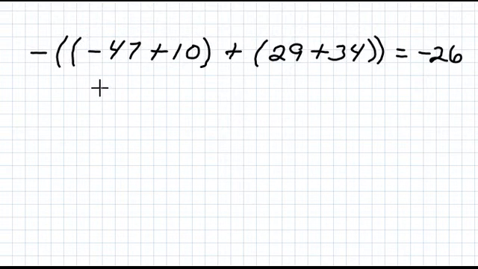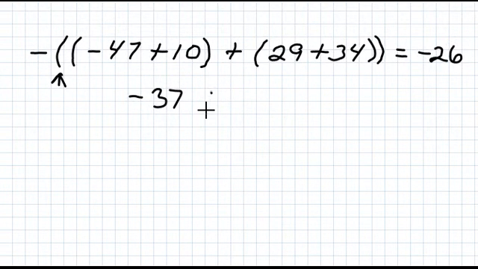Okay, so looking at this one here quickly. Looking at our parentheses, the whole thing is in parentheses, it looks like. So we get negative 47 plus 10 is a negative 37. Alright, and what is this, 563.